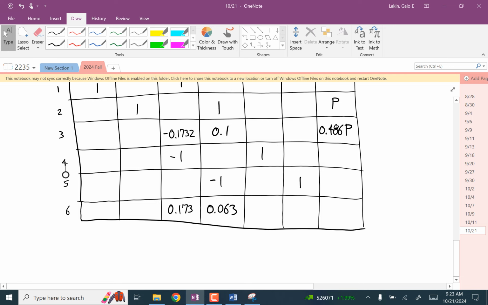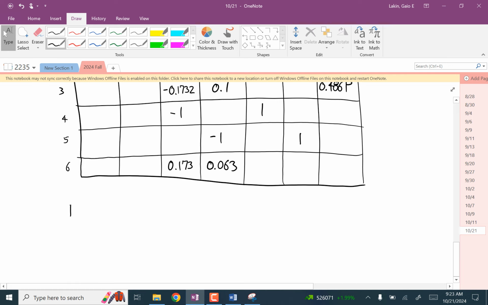Okay, so I got RA is 1.09, negative 1.98, and these are multiplied by p. F12 is negative 1.09, 2.98 p.